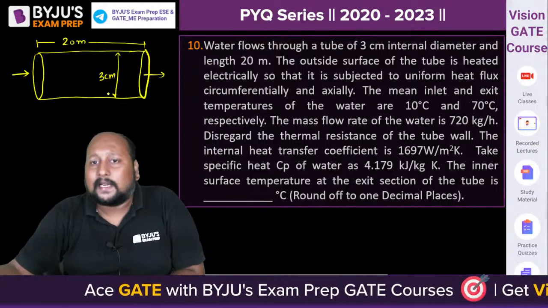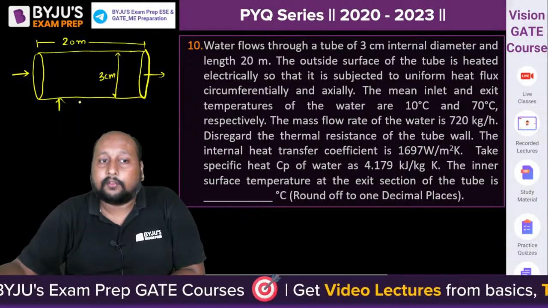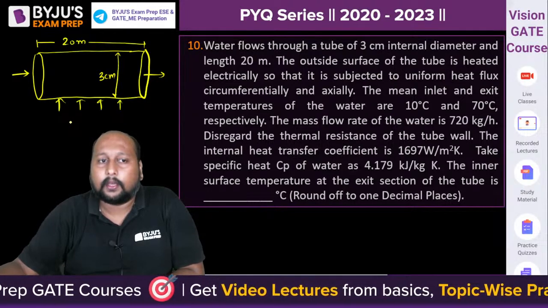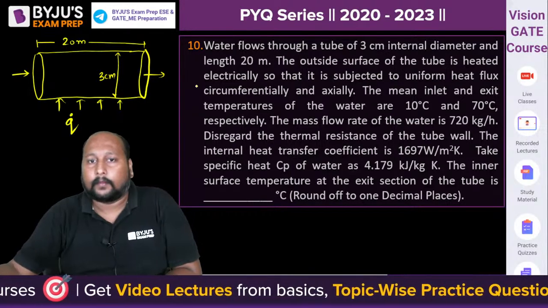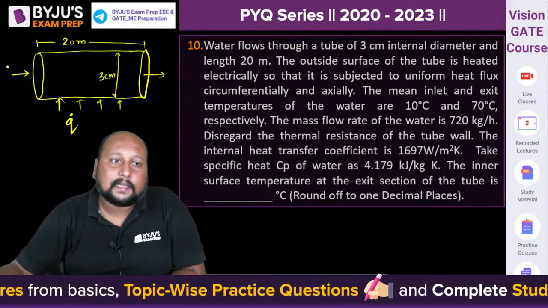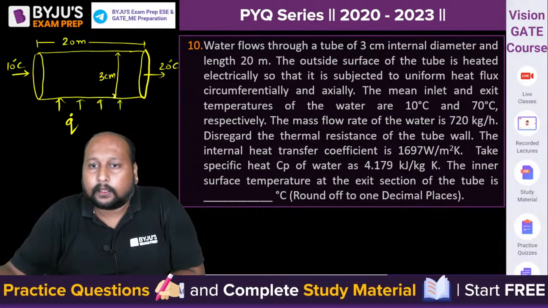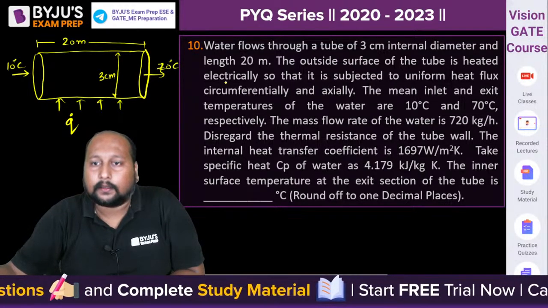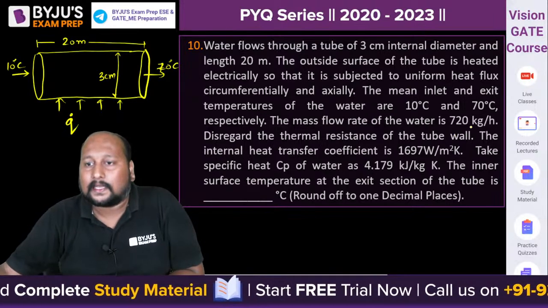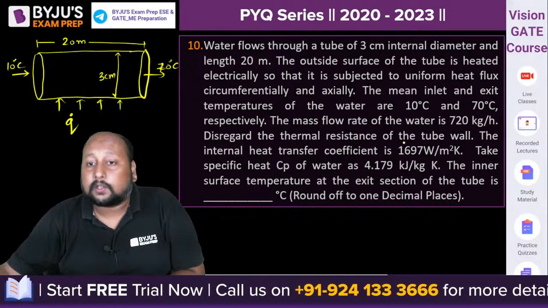The outside surface of the tube is heated electrically so that it is subject to uniform heat flux, Q dot. The mean inlet and exit temperatures are 10 degrees Celsius and 70 degrees Celsius, right. The mass flow rate of the water is 720 kg per hour. Disregard the thermal resistance of the tube wall.